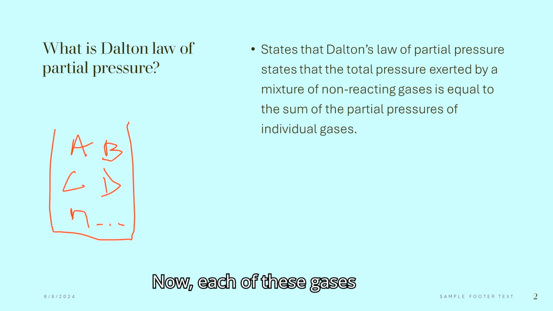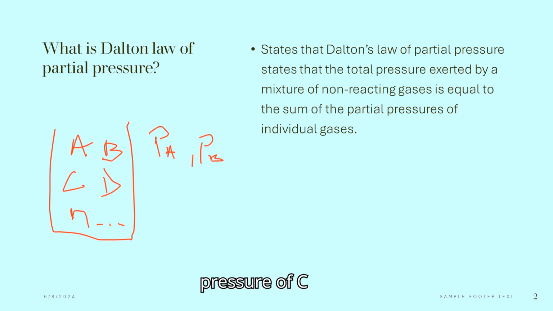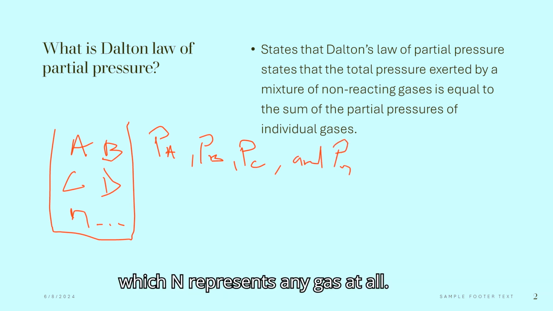Now, each of these gases contributes its own pressure. So let's say we have pressure of A, pressure of B, pressure of C, and pressure of N, which N represents any gas at all.